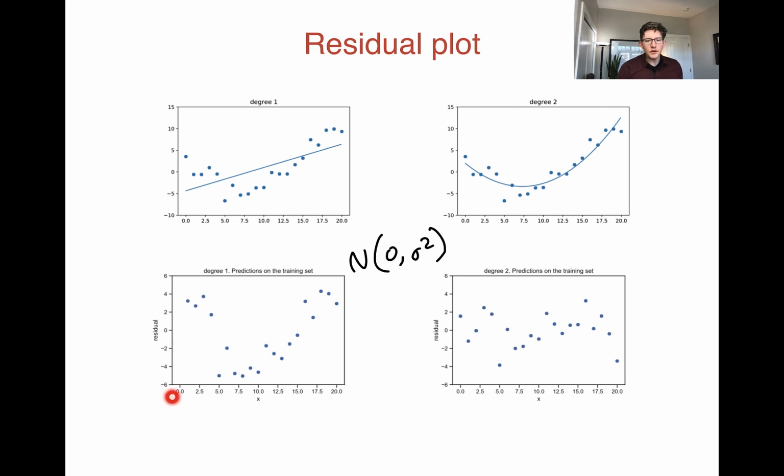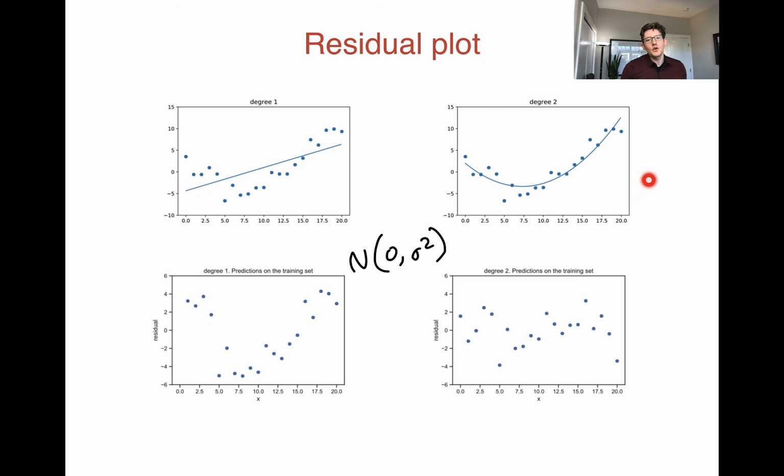So if we look at a residual plot and we see an obvious trend, you can see here there's a very clear trend where the errors start high, dip in the middle, and get high again. That's a good indication that there's something funky with the fit, and that this 1D polynomial isn't doing a very good job of fitting these points.